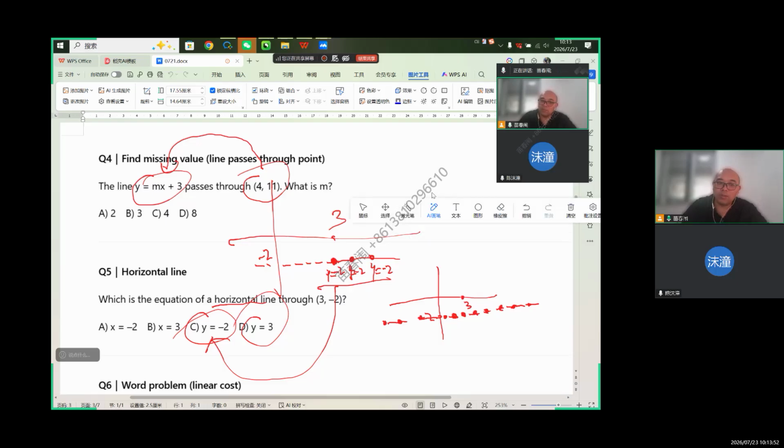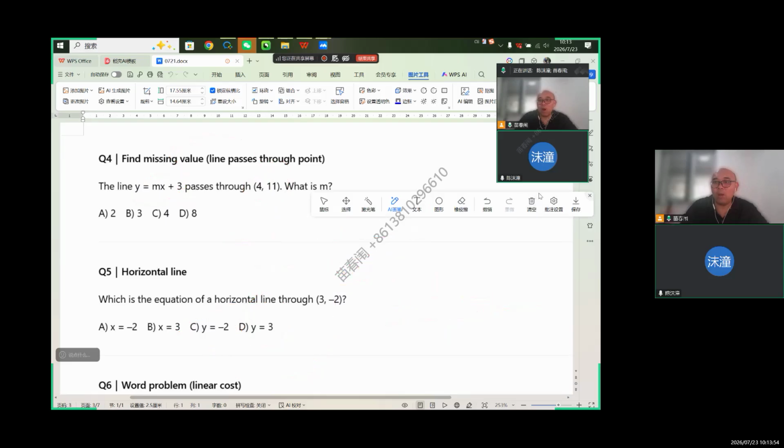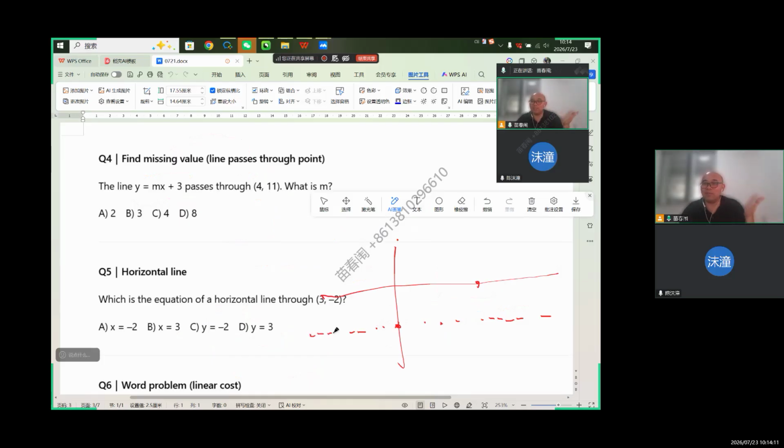So how do we do this for question 5? Let's say you draw it and then find all the things that you have in common. See, all the points here, the horizontal line points, have something in common, which is what?